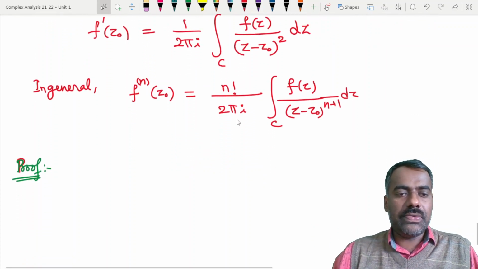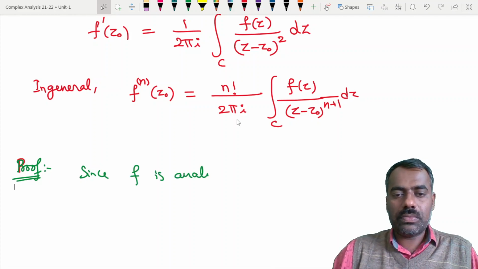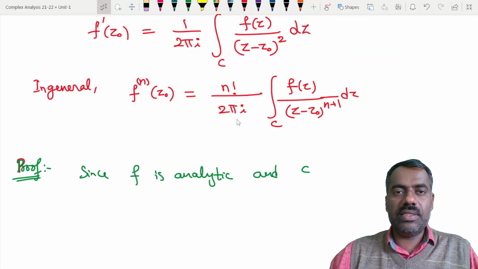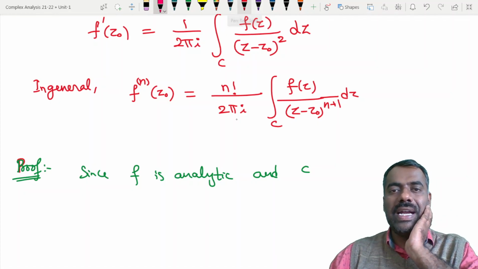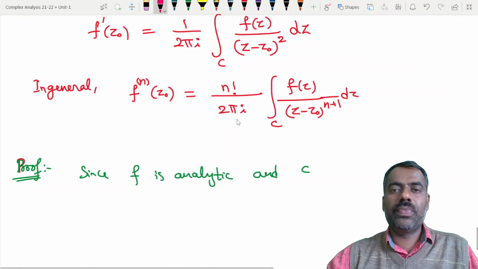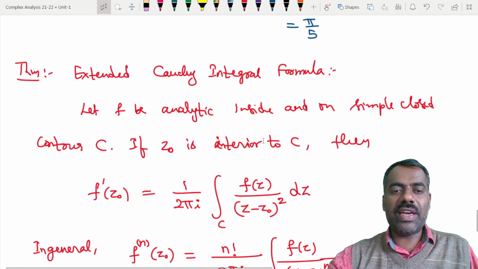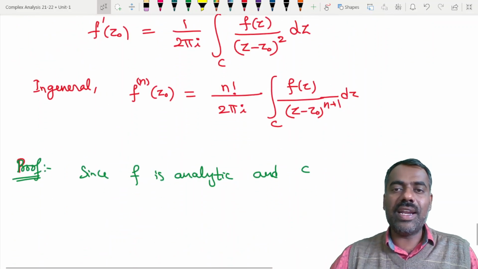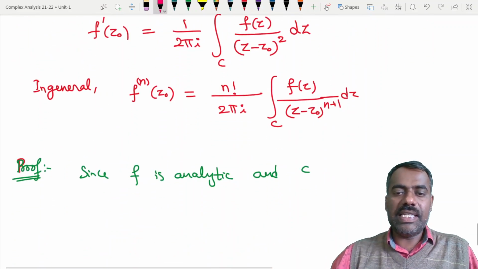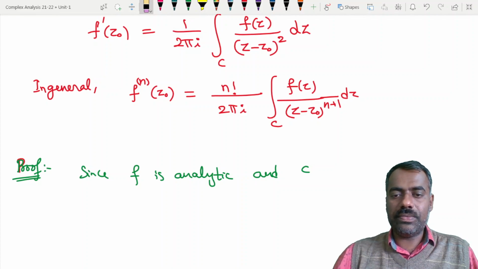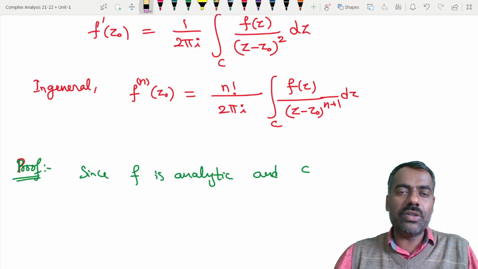Now the proof starts with: since f is analytic, and C is this, instead of writing z naught everywhere, we will change the notation and use z.